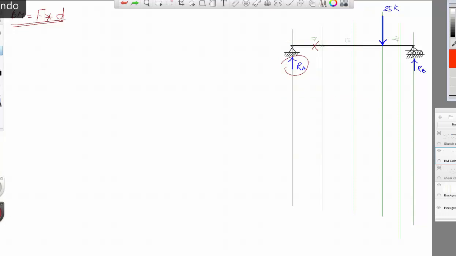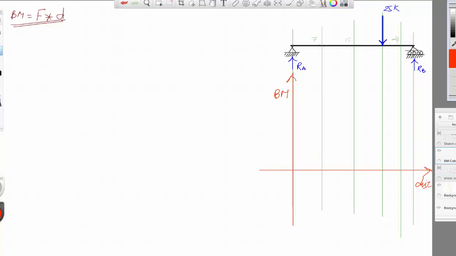So again, we'll put the scale. This will be the bending moment, this will be the distances, so the x will be the distance, and this will be the bending moment value.